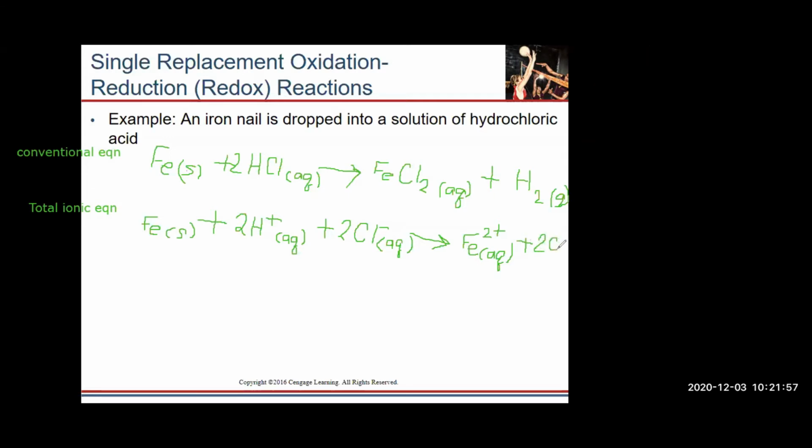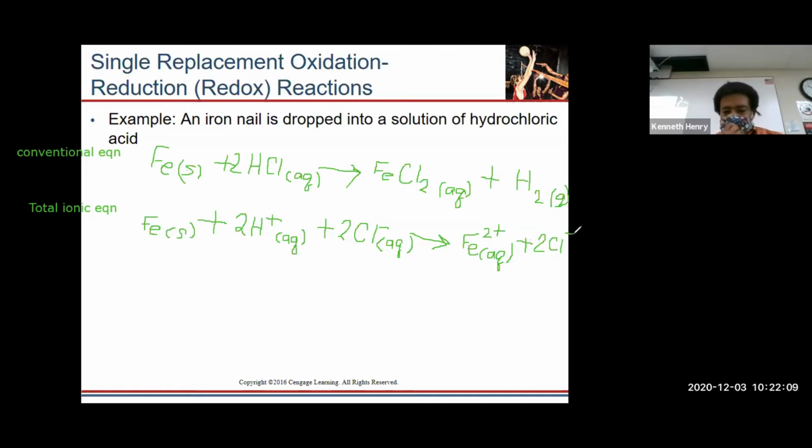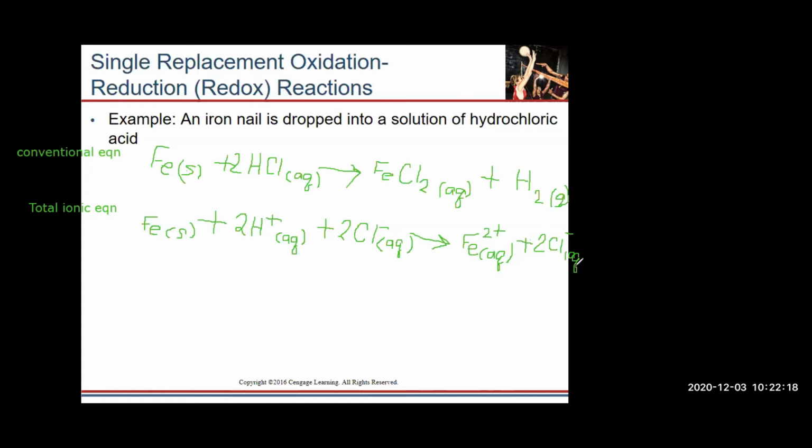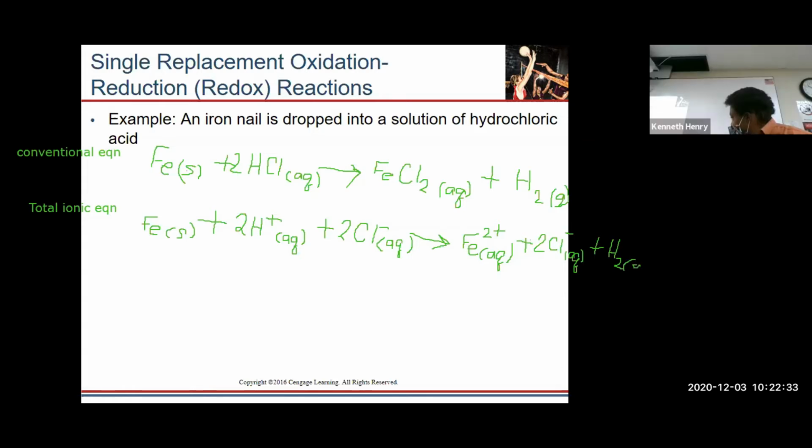And then the charge of negative. Solid, liquid, gas, or aqueous? Aqueous. And then you just drop the H2. And we know that that's a gas. Okay, so that's our total ionic equation.